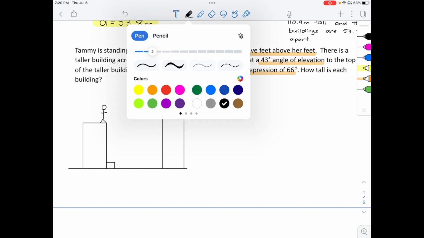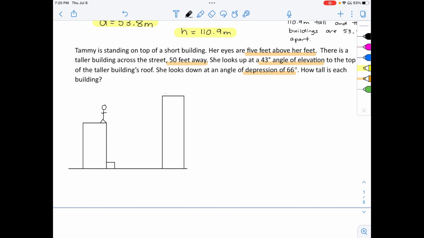So before I draw that measurement, I'm going to draw a horizontal line here because I know that I need to work with a horizontal line since I have an angle of elevation and an angle of depression. And in this case, my horizontal line is going to be imaginary, similar to in the last question, and it is from her eyes horizontally across, and I'm just going to stop it at the building there, just for the sake of the diagram.